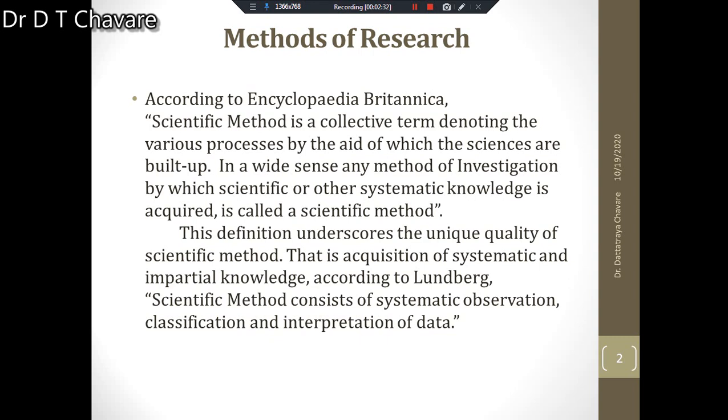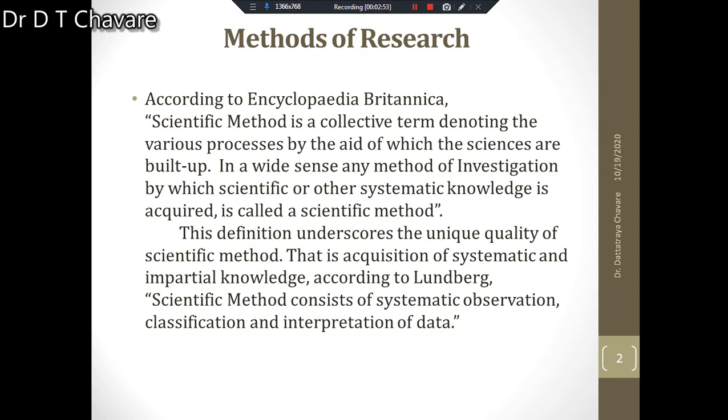It means that in the method by which scientific or systematic knowledge is acquired, different stages and different rules are followed. At that time, that method is called scientific research method.